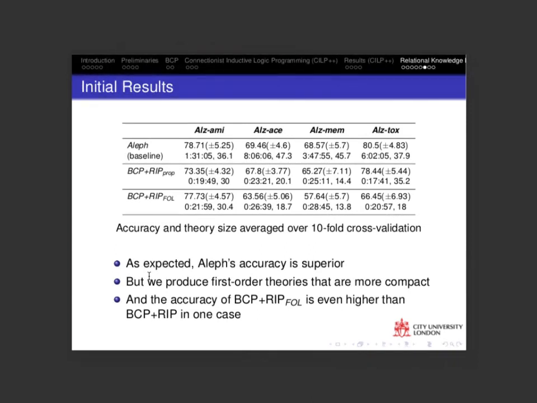So there is a loss. Sometimes it's quite considerable, sometimes not so, but the theories are more compact. So there's something there with this idea of a localist representation for ILP that then benefits from the use of neural nets, in particular with early stopping as part of the learning or the search algorithm to be used by these models.